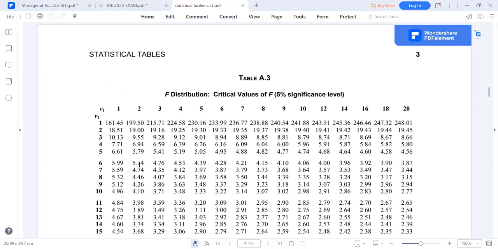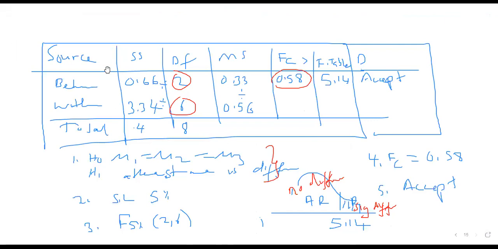Any other questions? So ANOVA is the easiest. I want us to try the question Dr. Sabana did in class. Any questions before I proceed?